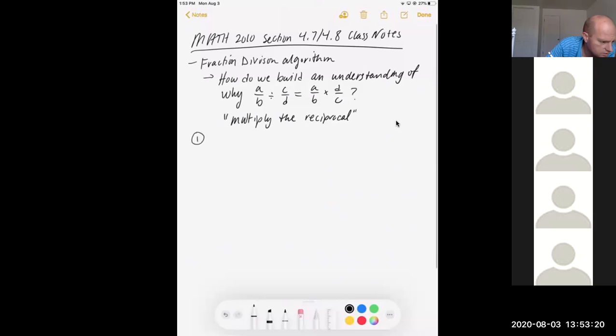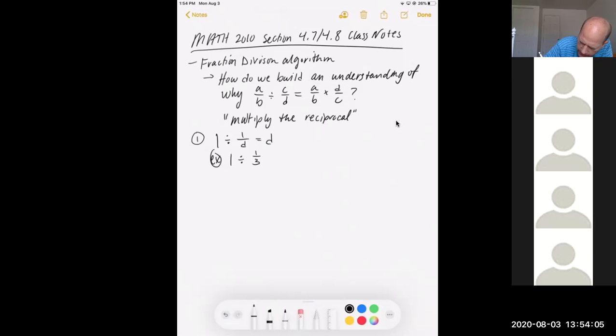So the first step is to build an understanding of 1 divided by a unit fraction. Why is that equal to the denominator of the unit fraction? I like to show a number example because the variables are a bit abstract.